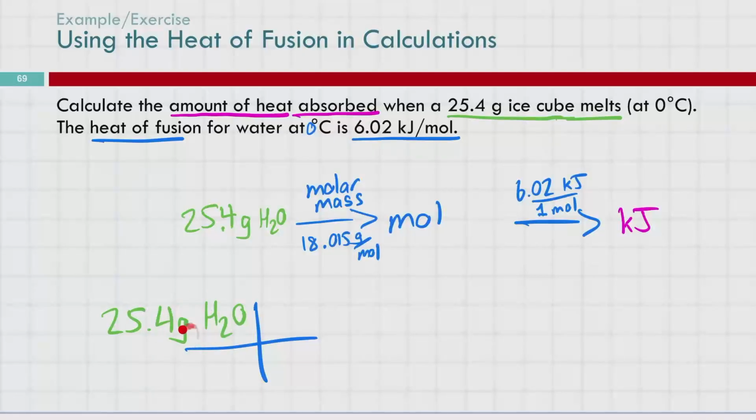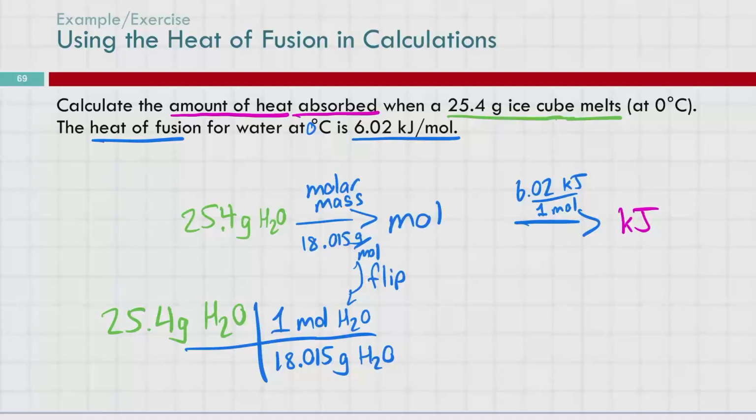All right, so we've got grams of H2O. Our molar mass is grams of H2O over moles of H2O. We want to get rid of the grams. We've got to flip our molar mass. Top goes to the bottom, bottom goes to the top. The grams of H2O cancel.